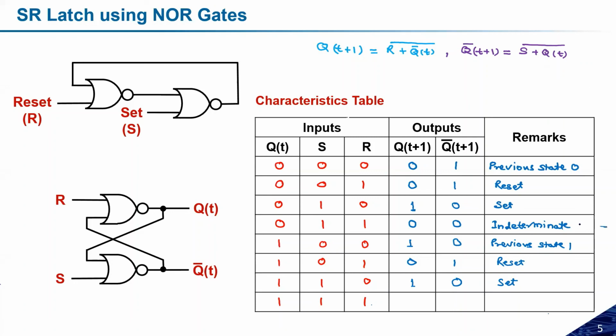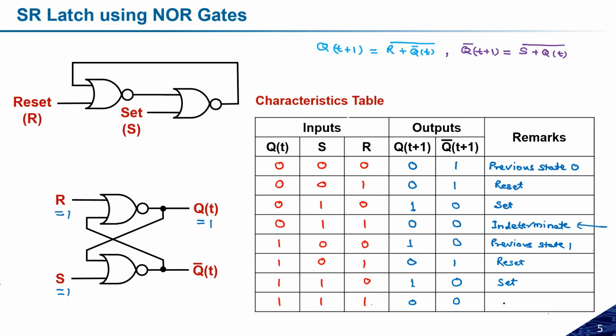Similarly, if R and S are 1, 1, what is the output? This is the same as the indeterminate state, because we are setting both R and S to logic high, and I am considering Qt equal to 1. They will give you the indeterminate state, which is 0, 0. It is the same as the earlier state, so I don't need to explain it again.